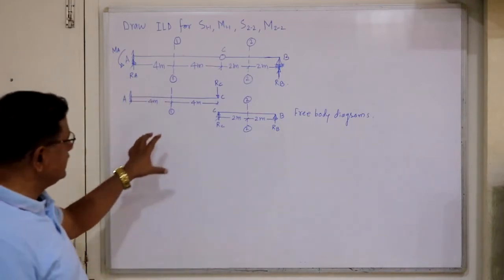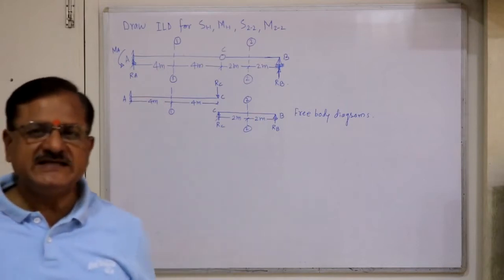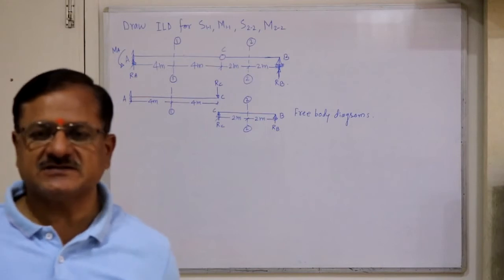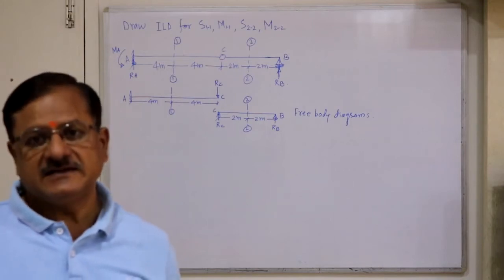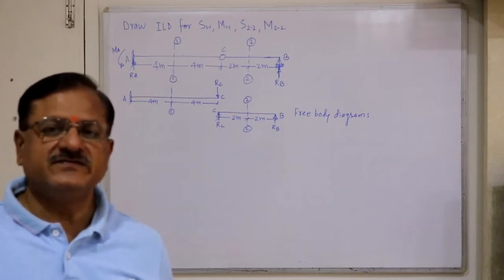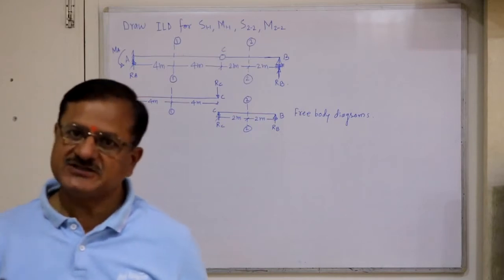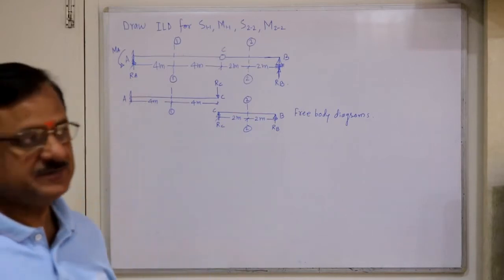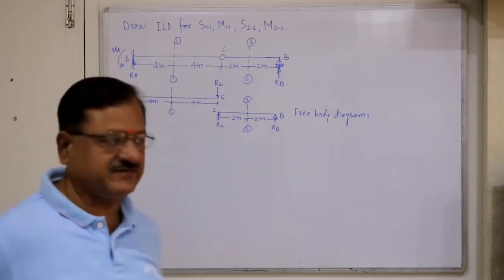While plotting the ILD by using Muller-Breslau's principle, just introduce a unit displacement in the direction of the structural function for which the influence line diagram is to be constructed, and then plot the deflected shape by maintaining the compatibility and continuity of the structure. The deflected shape itself represents the influence line diagram for that structural function.